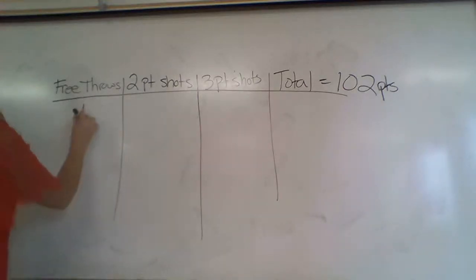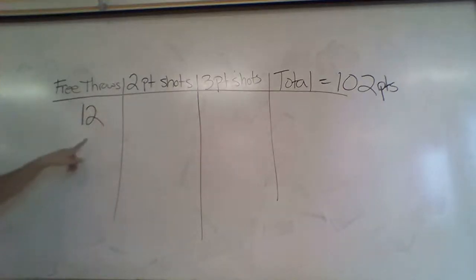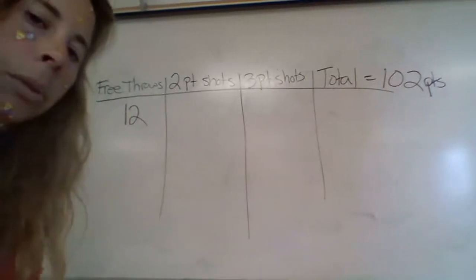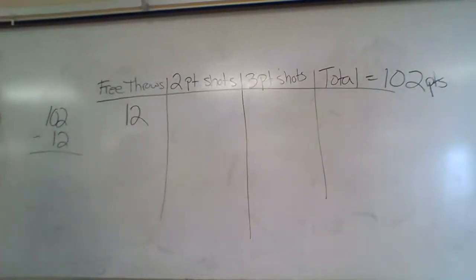I'm going to do 12 free throws, so that is 12 points. So 102 minus 12. Okay, and you get 90. So I have 90 points left.